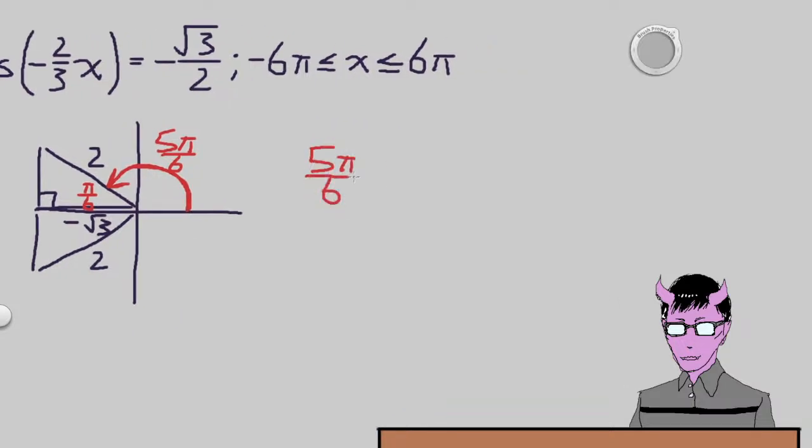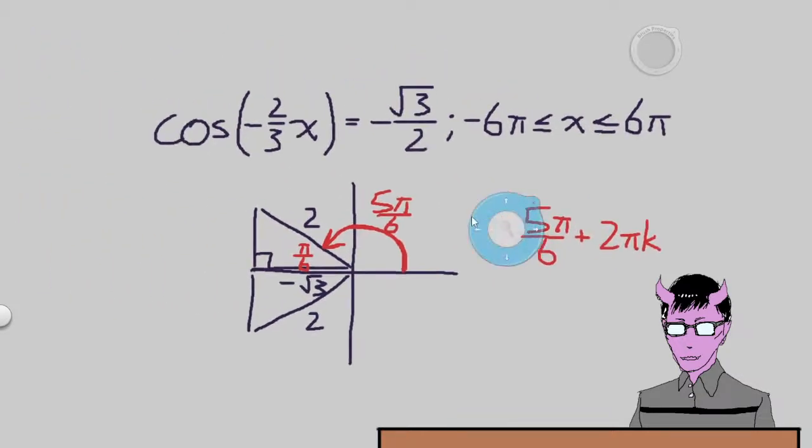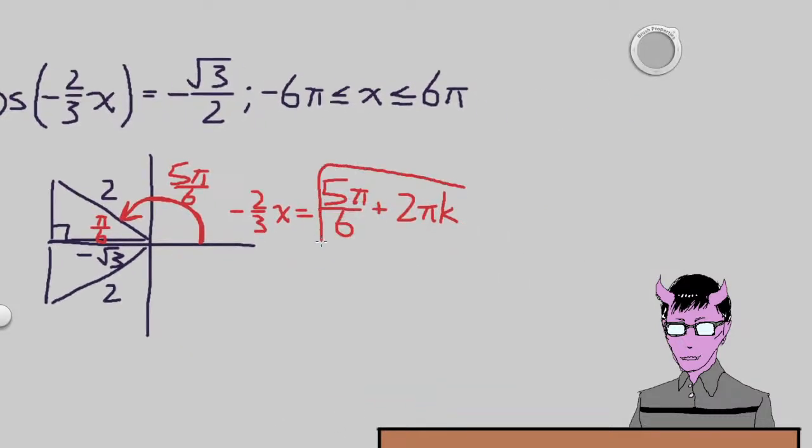We need to capture the coterminal angles, so plus 2 pi k. But we need to consider the actual argument modification. So we set negative 2/3 x equal to all the coterminal angles.